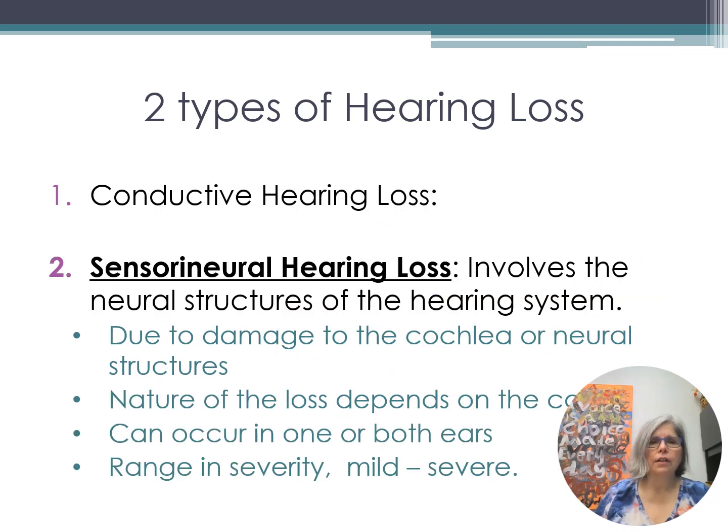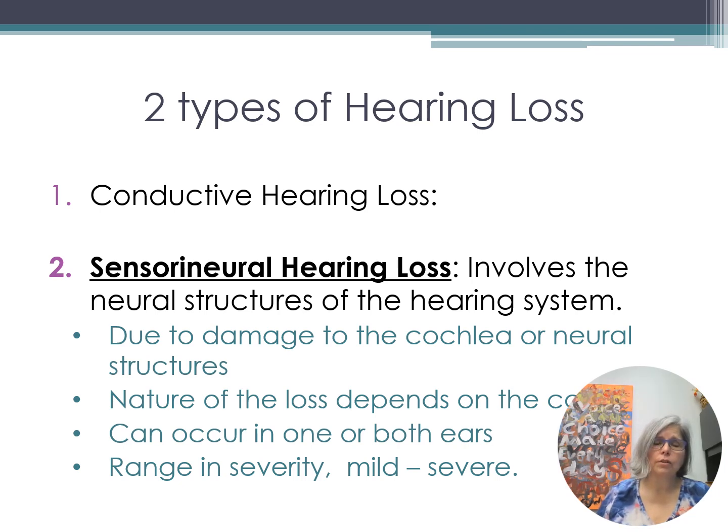The other type of hearing loss is sensorineural hearing loss, and that involves the neural structures of the hearing system. That's the cochlea and beyond up to the brain. Due to damage to the cochlea or neural structures, it can be anywhere along the line. We talked about some issues with adults, such as acoustic neuromas, that are definitely sensorineural. In fact, most adult issues are sensorineural.